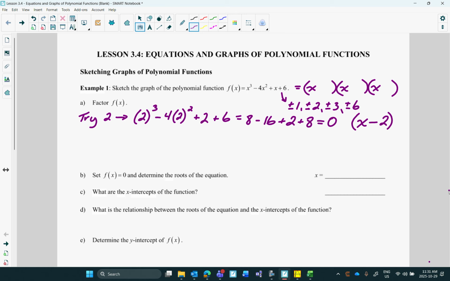How do I find the other factors? I take this and divide it by synthetic division and factor that answer. So 2 for a, list the coefficients: 1, -4, 2, and 6.